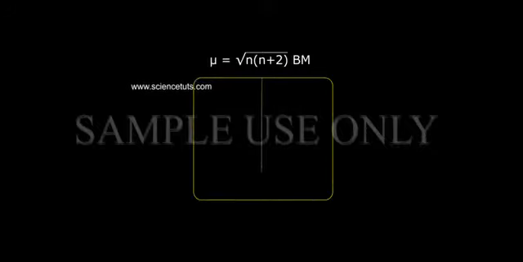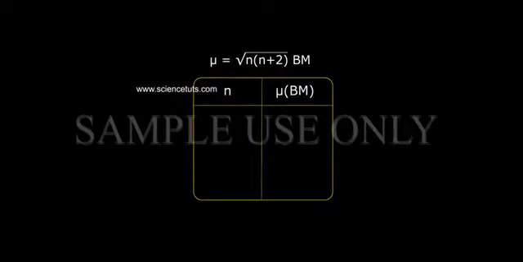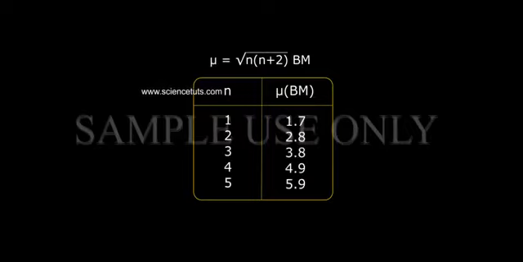Mu equals square root of n(n+2). For n equals 1, mu is 1.7 BM; 2, 2.8; 3, 3.8; 4, 4.9; 5, 5.9. Based on magnetic properties, there are 5 types of substances.